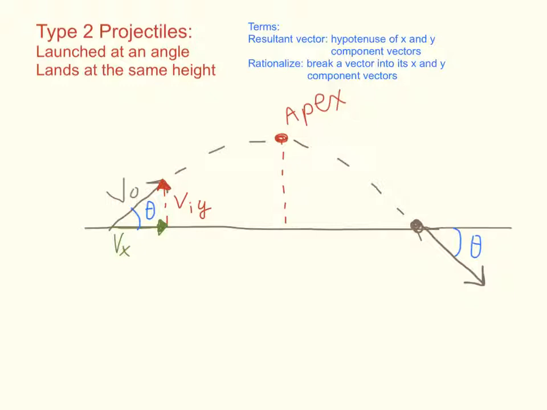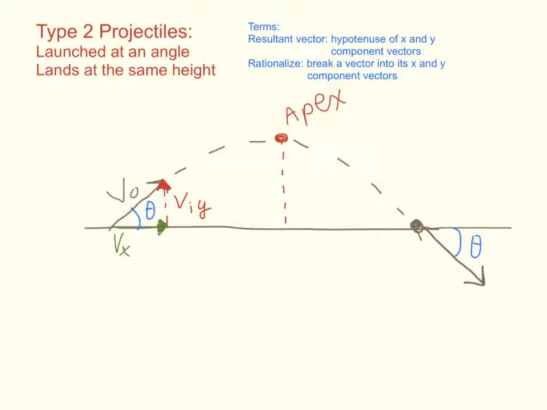So first of all, we've got v naught here, and what I'm calling v naught is this vector right here, mainly because it's helpful to give it a very different name from vx or viy. So v naught refers to the initial velocity, whatever the starting velocity is, that's launched at an angle.